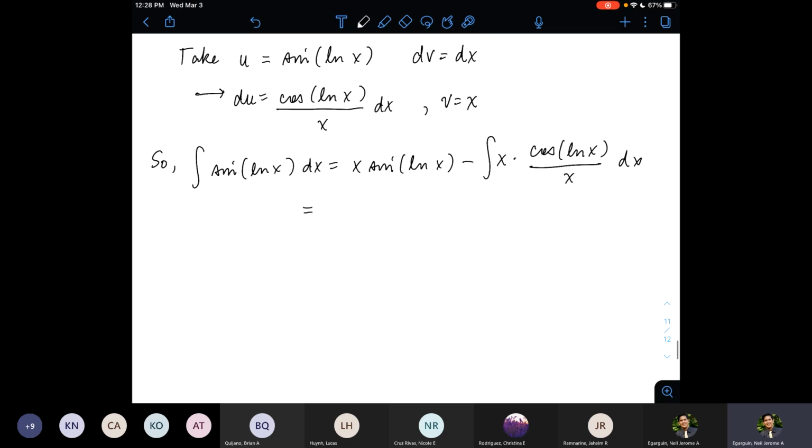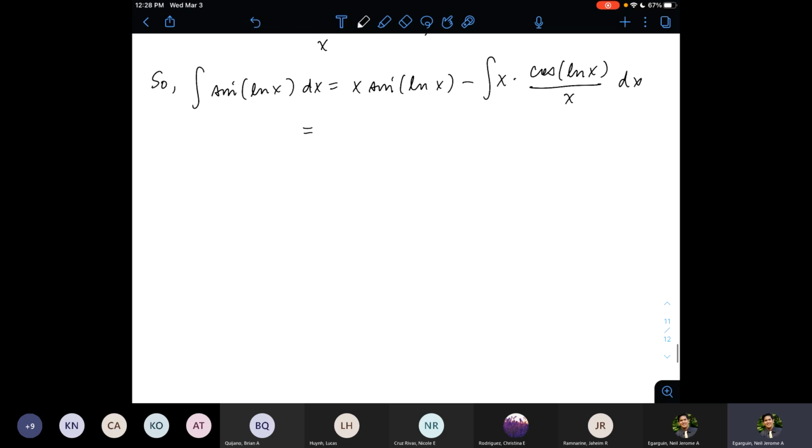And then let's simplify the integral on the right. So this is x sine of ln x minus integral of cosine ln x dx, because the x's will cancel each other out. And here in the yellow integral over here, we need to apply IBP first, right?